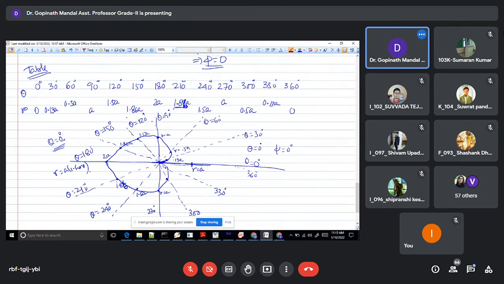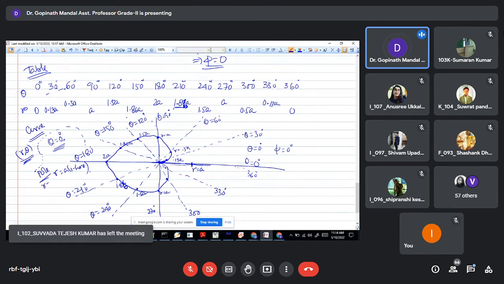The curve is a line along which a point r, theta goes through.